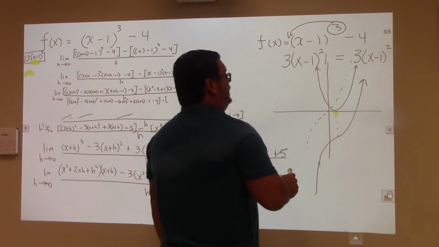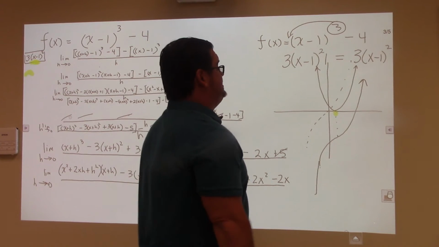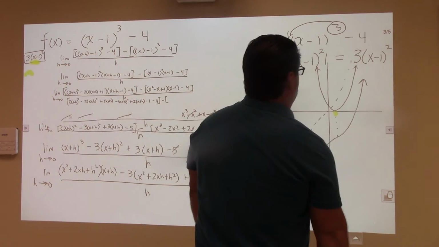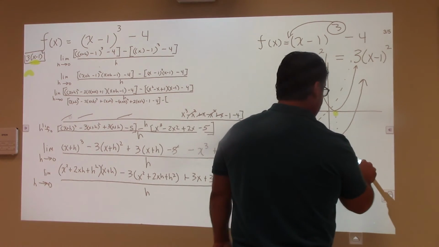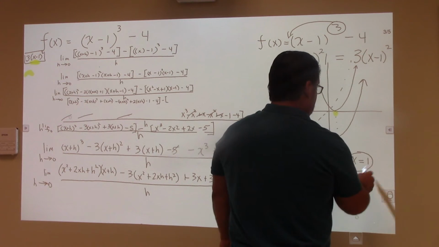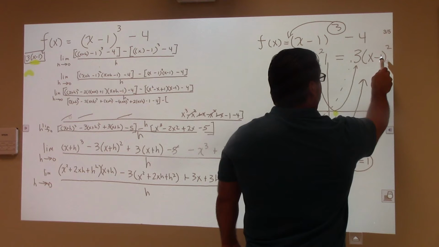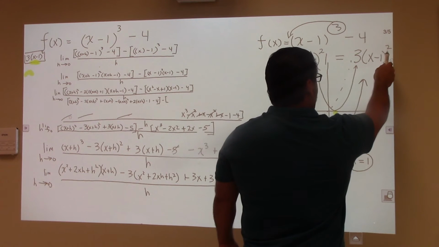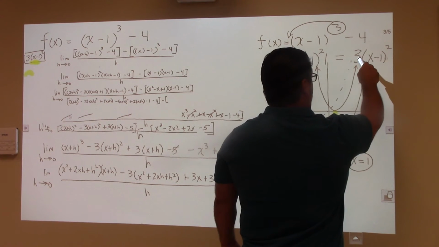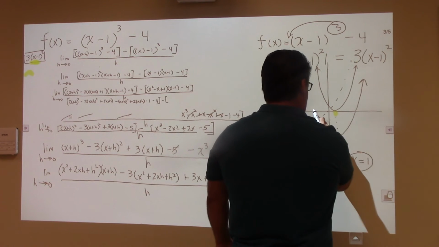And if you take that and put it right here, then you have your tangent. If you wanted the tangent at, let's say, x is equal to 1, then you plug that in. 1 minus 1 is 0, squared is 0, times 3 is 0.